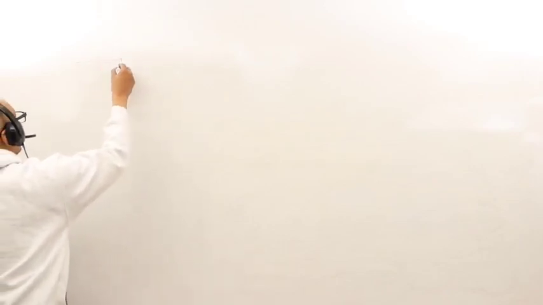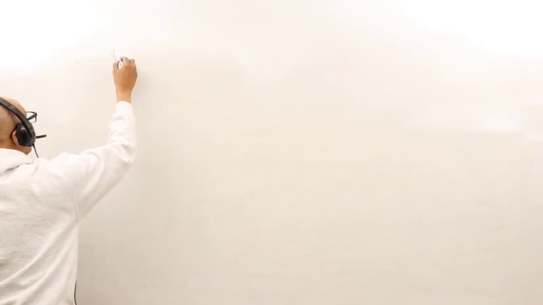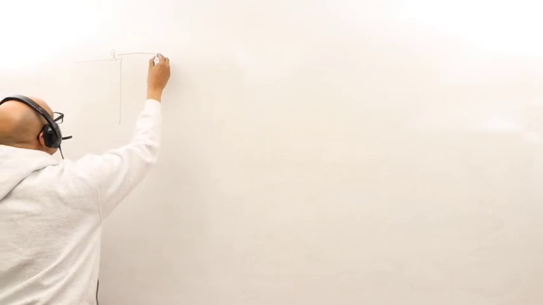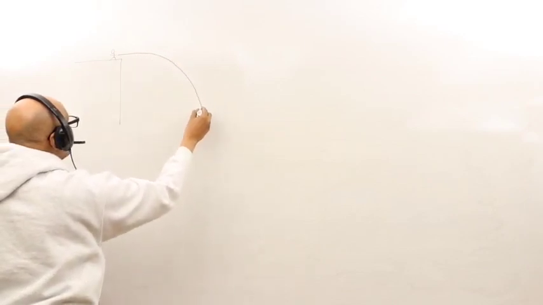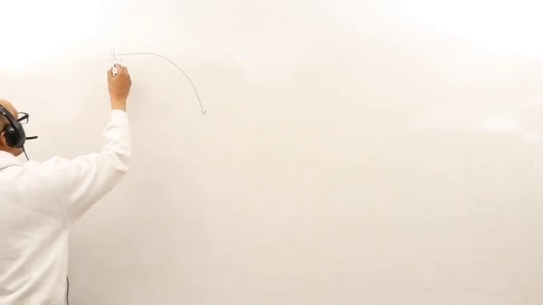Okay, so draw a diagram for the problem. So we have a cliff, and this is U. And so we're initially throwing a stone this way, and it falls like this in a parabolic arc.